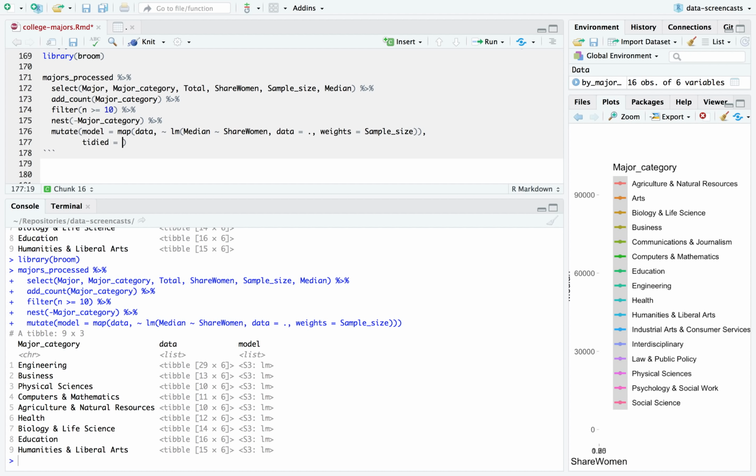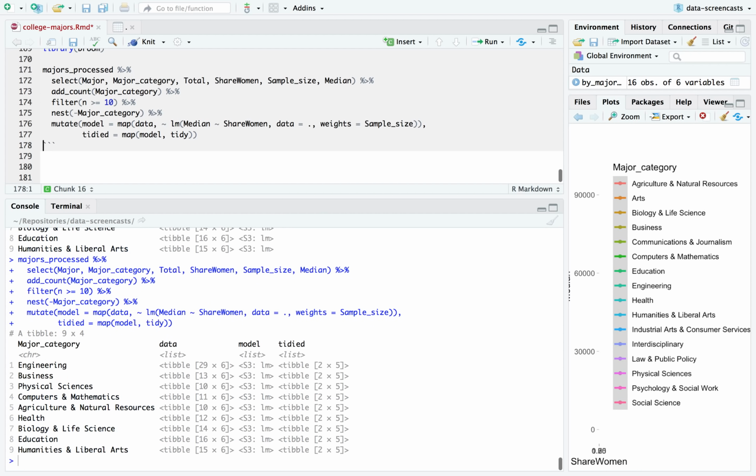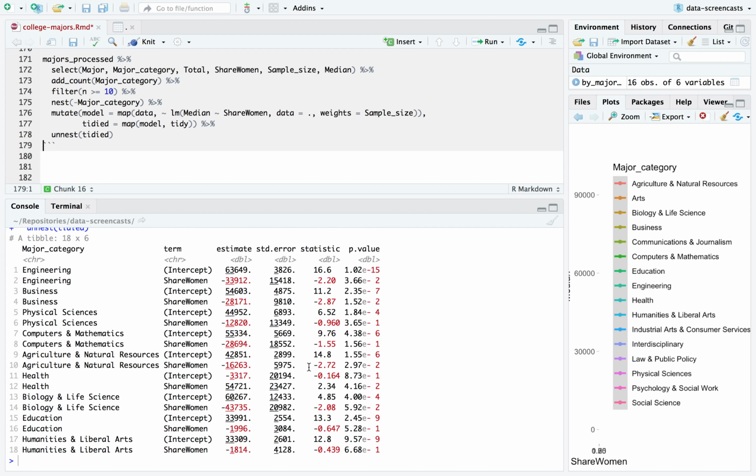Then I'm going to say tidied equals tidy on the model. I'm going to tidy every one of these, turn them into a two-row data frame of coefficients. This is definitely one of the most complicated things we're going to do today, so if you don't understand it, check out those courses or that book. And here I now get the coefficients within every category, the results of every one of these regressions.